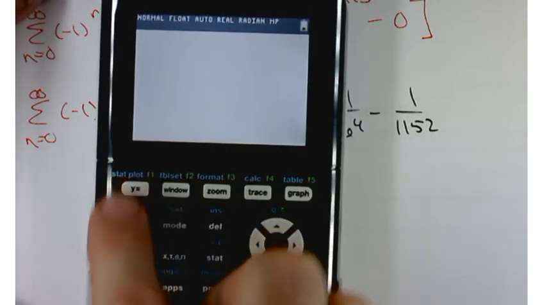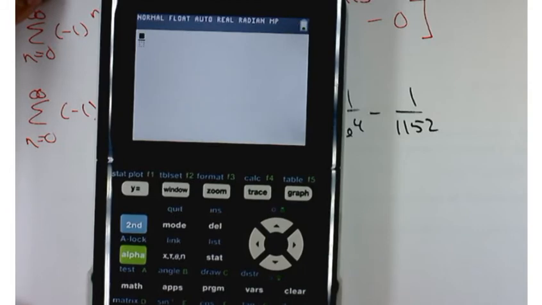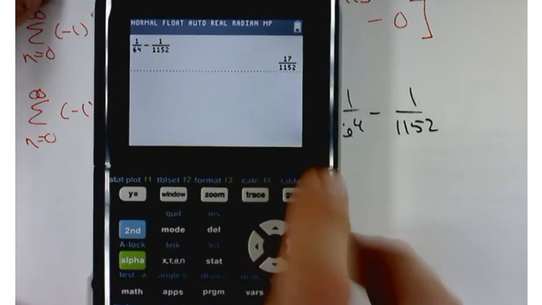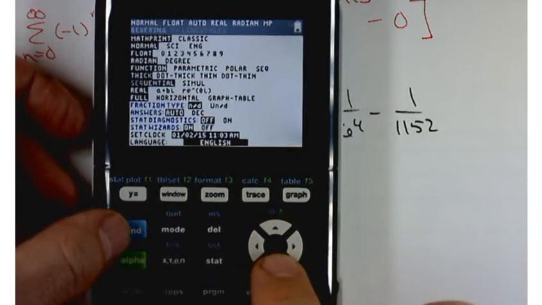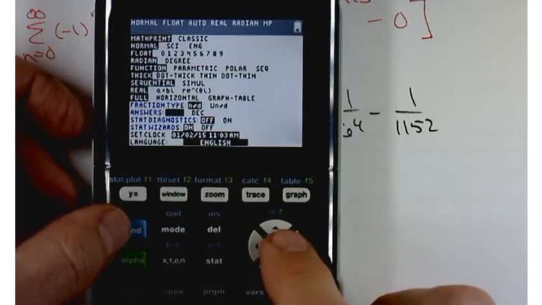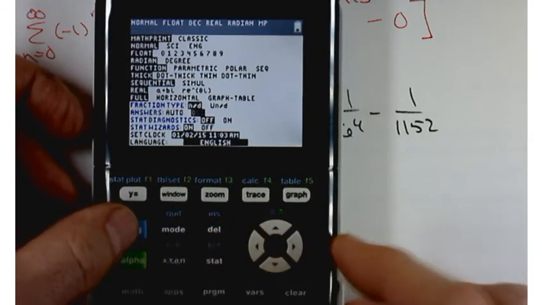Let's see. 1 divided by 64 minus 1 divided by 1152. And I want a decimal value there. Let's see. Mode. Answers and decimals.